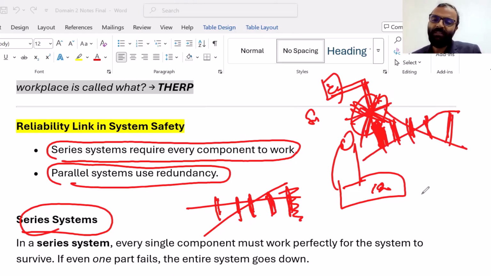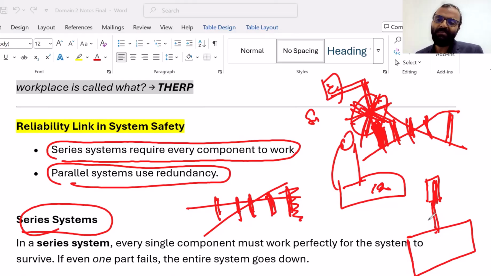But in the case of an operation theater, what will happen? The same connection from your home also goes into the hospital and then into the operation theater. The operation theater has to function every time, so they provide a parallel system. Parallel system means even if one system fails, the whole system will not fail. In the operation theater, the line comes in, and you have DGs, inverter, UPS, so many systems.